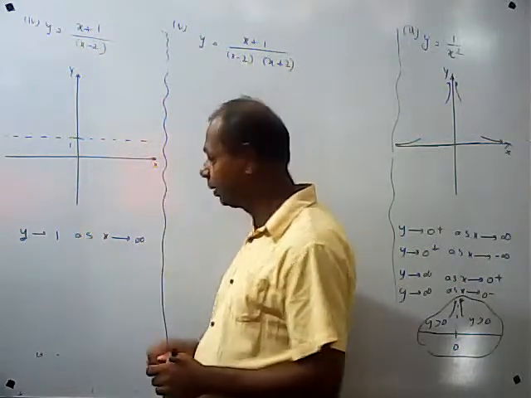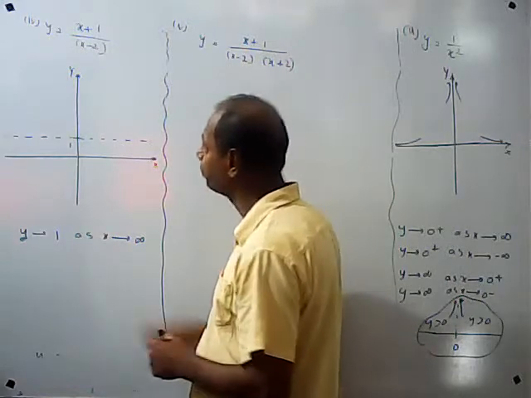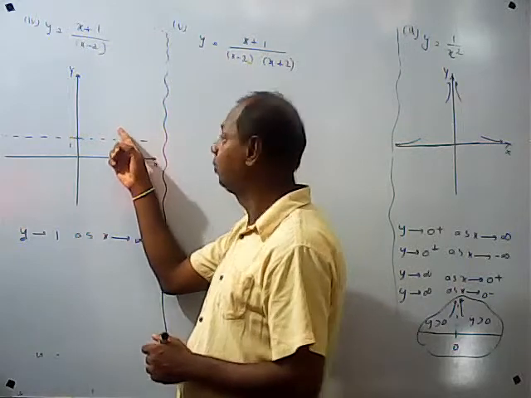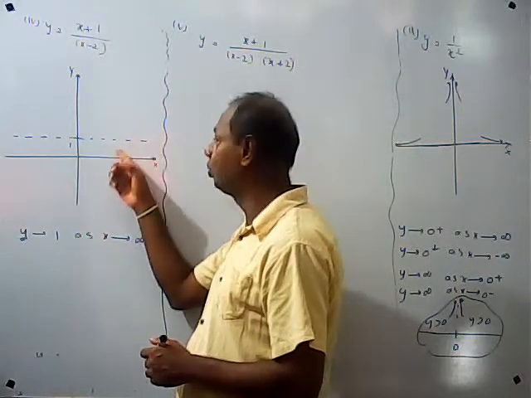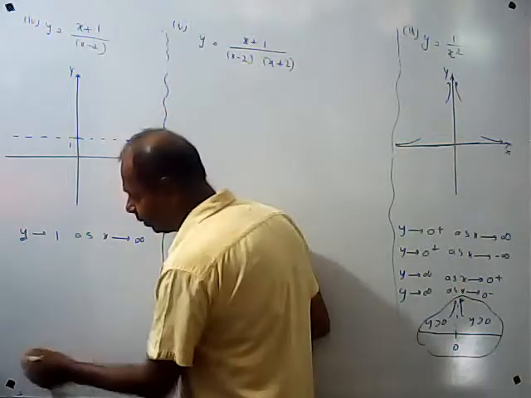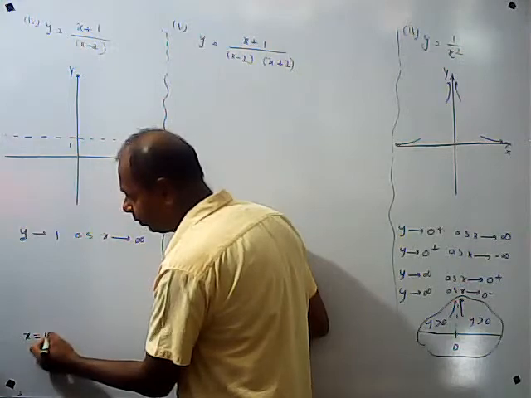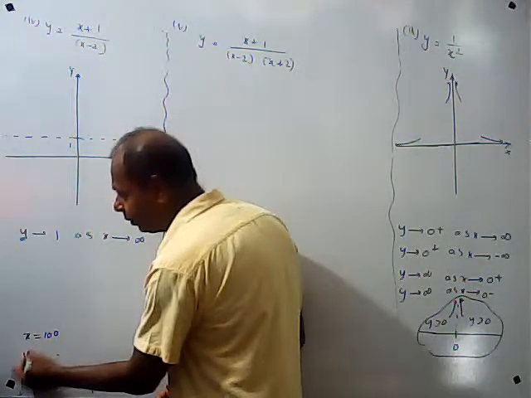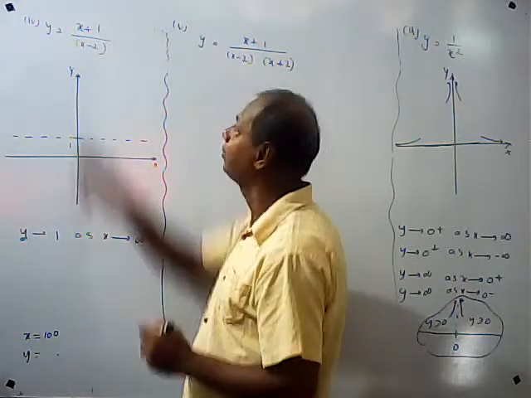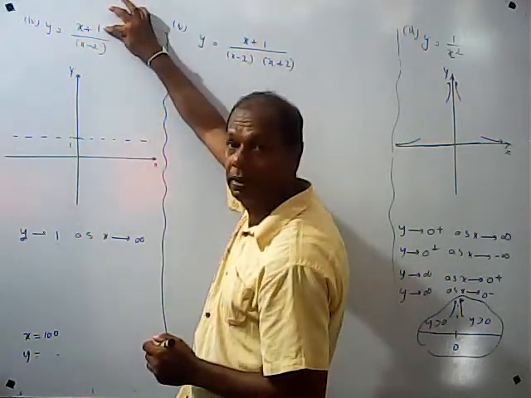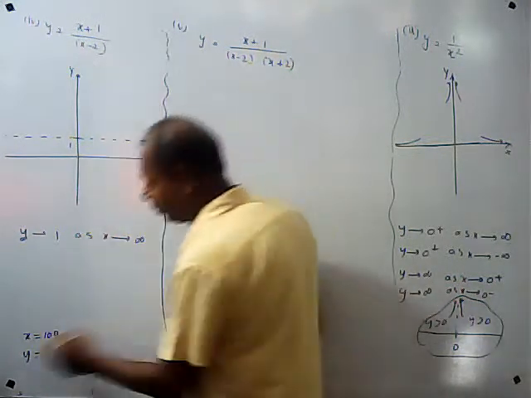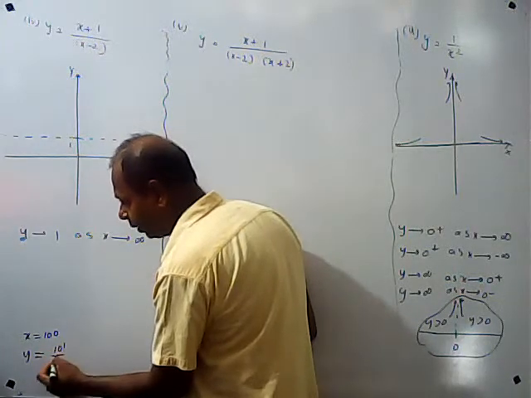To find whether it's coming via greater values to 1 or smaller values to 1, we just substitute some big value for x. Say x equals 100, and check whether y is greater than 1 or less than 1. When x is 100, we get 101 over 98.